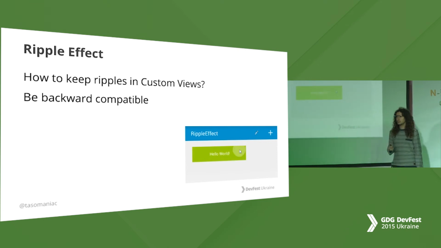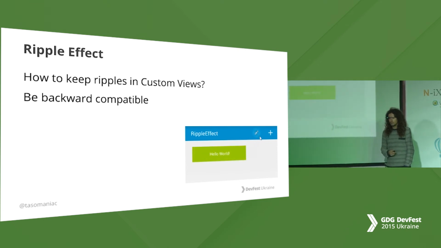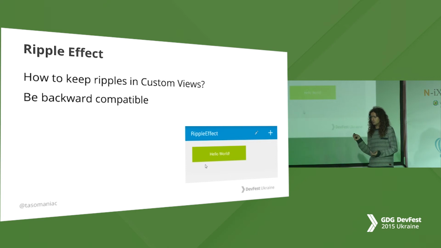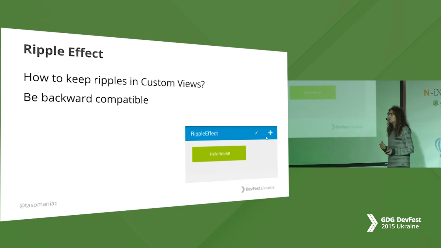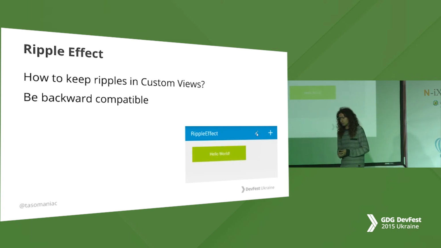So the other nice thing they introduced was the ripple effect. So when you change the background of your view, when you have something custom, you probably lose this. So actually before the recent versions of the Appcompat library, when they first announced material design, it was also really hard to keep this and be compatible with the older versions of Android.